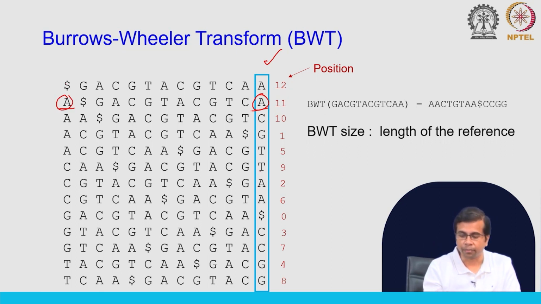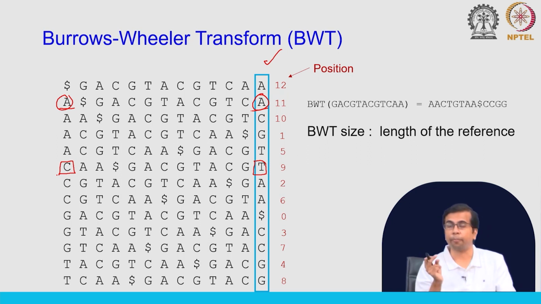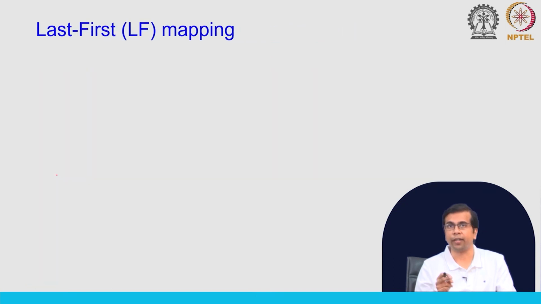Similarly, if you take this example for this string, this T occurs just before this C in the reference sequence. Okay. So, the string rotation actually means this: we can map the letter that is before this letter in the first column. Okay. So, this is what we are getting here.